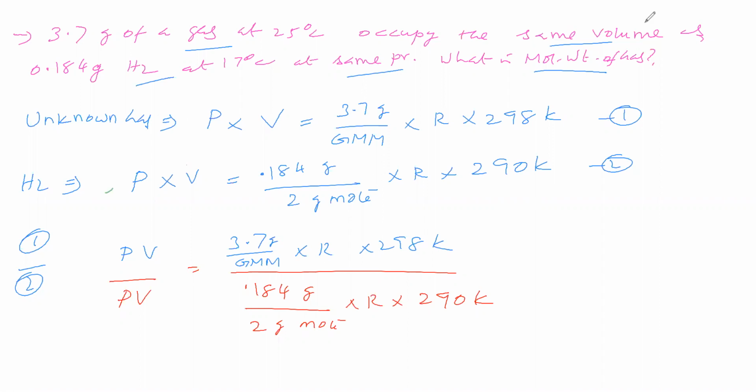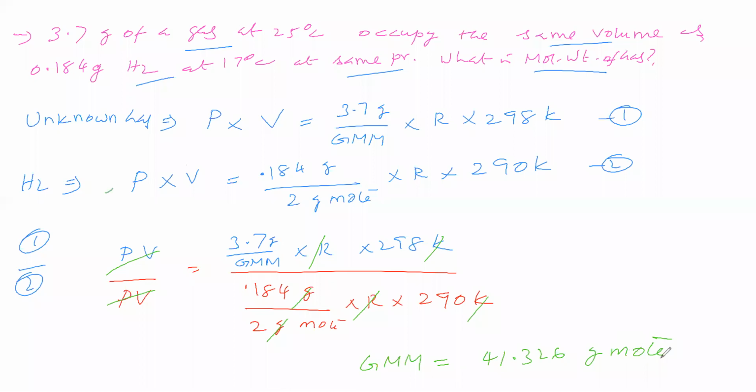Now we will cancel the common things. Kelvin cancels, R cancels, gram cancels, then PV cancels. So from this we can find the gram molecular mass, that is 41.326. Unit is gram per mole.